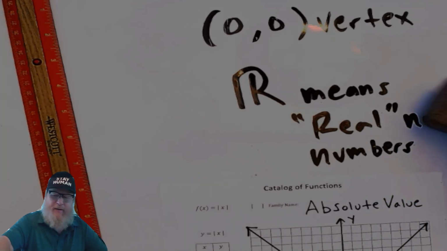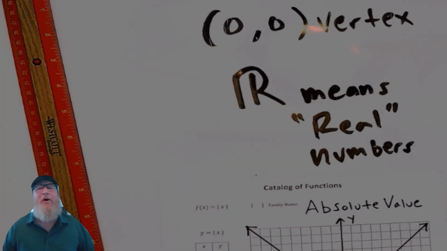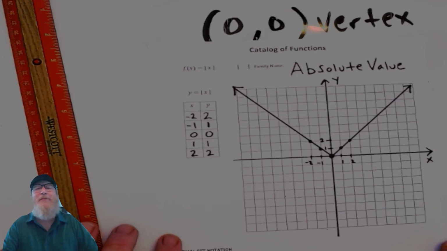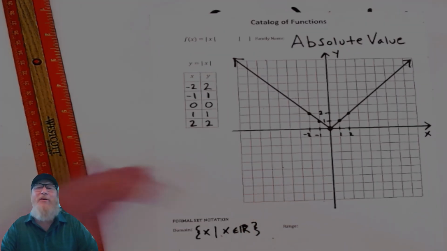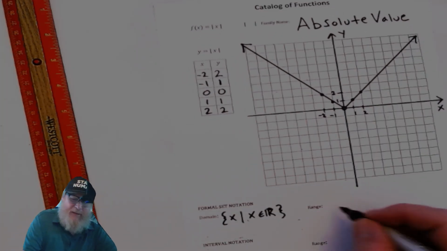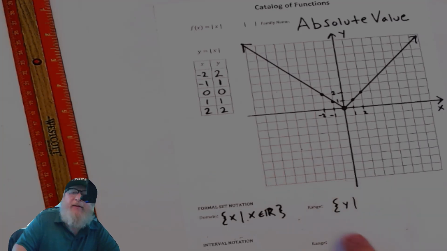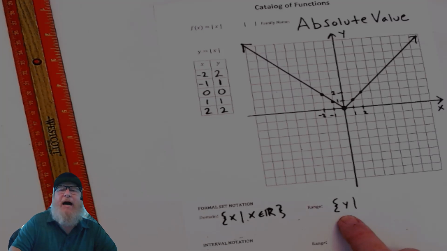I've got my camera zoomed in, so I don't have a lot of room to write here. So this is what we call the double barred R, which means real numbers. If you don't write it with the 2 bars, I still know what it means. You can just type a capital R if you're typing. Now the range, remember, is the outputs. So it's the set of all y.